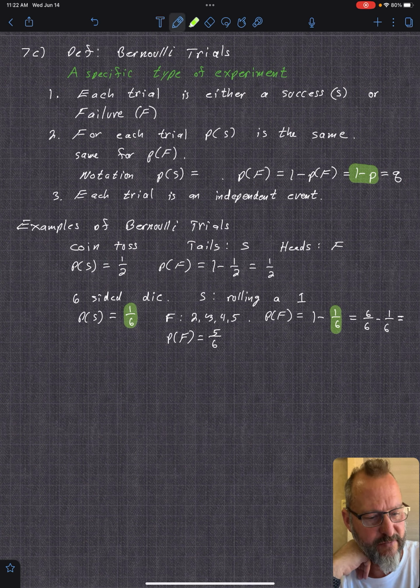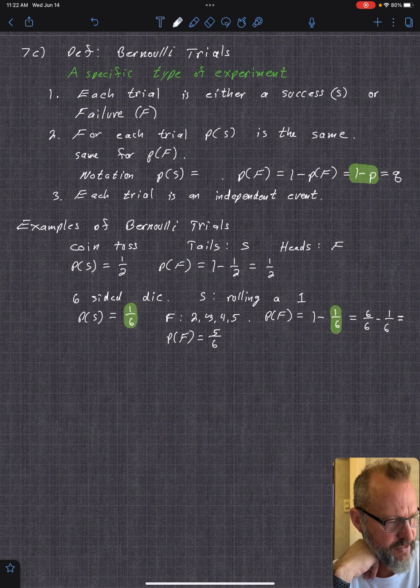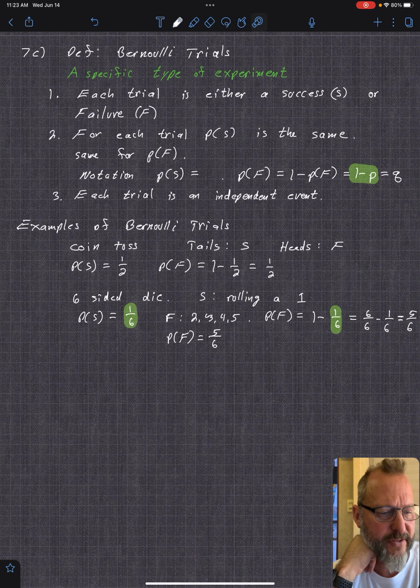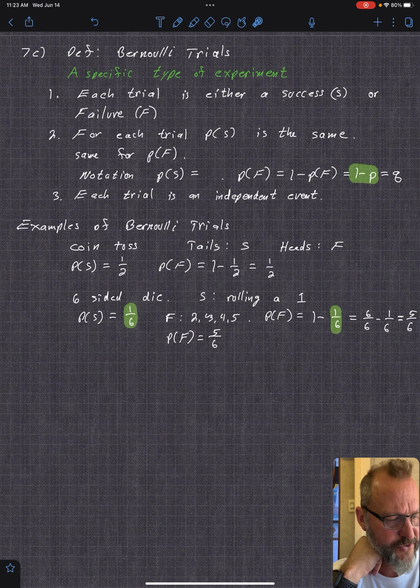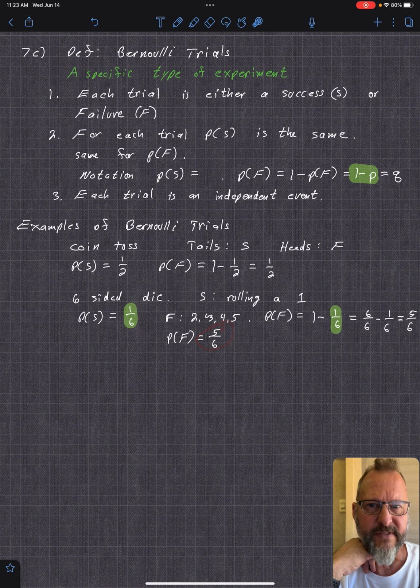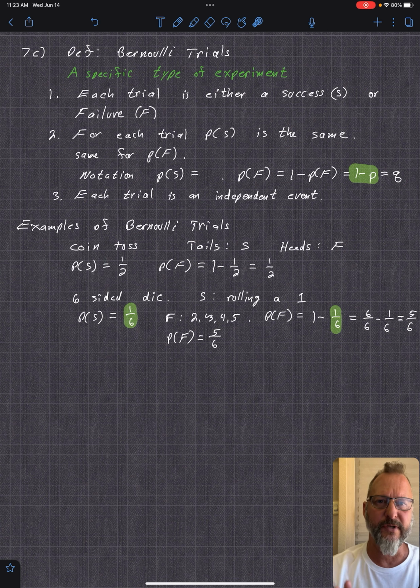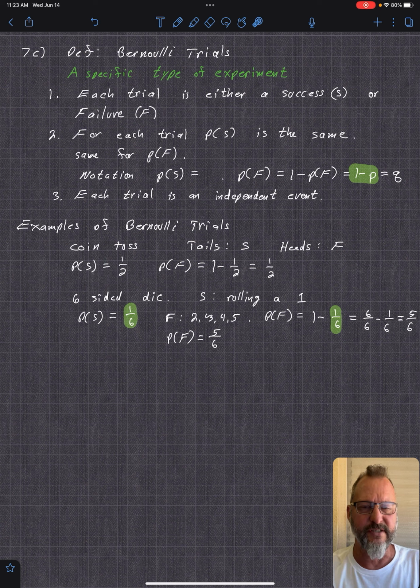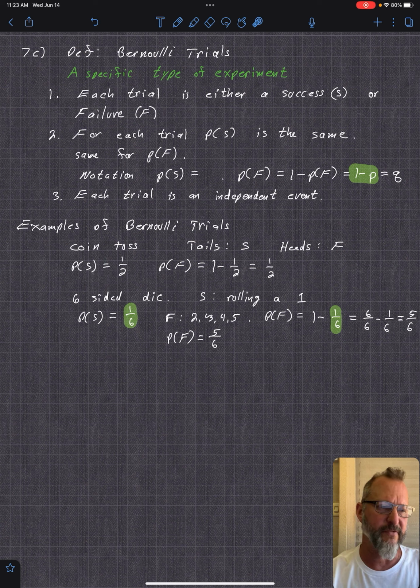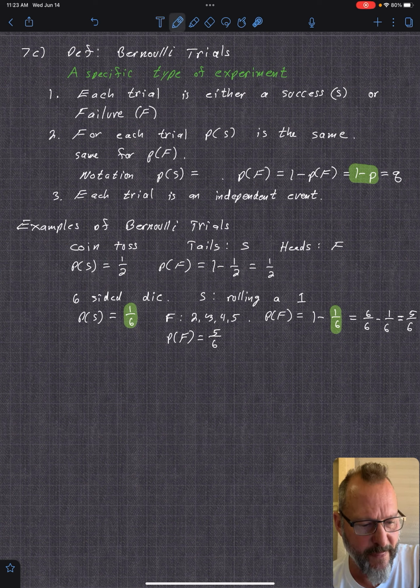Okay, making it probably more complicated than it is. So that's 5/6, which we knew by the definition. We knew that what was left had to be 2, 3, 4, 5. So that had to be the 5/6. That's your probability. So it's not 50-50. It's just defining the success probability versus the failure probability.